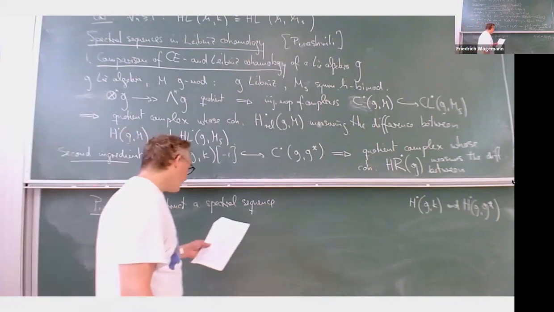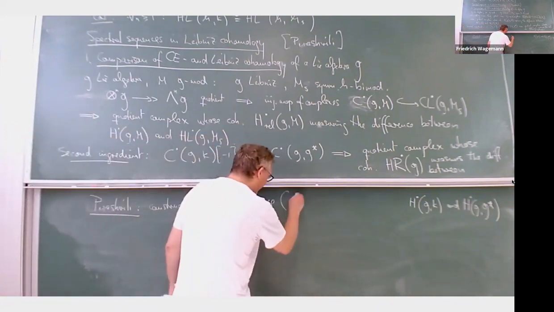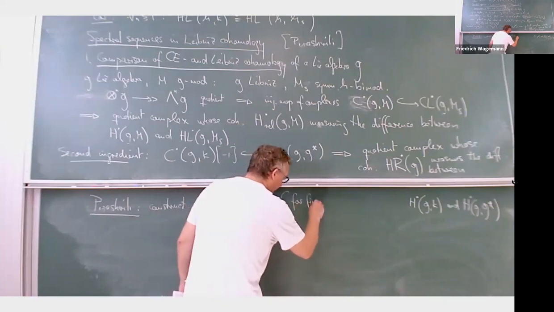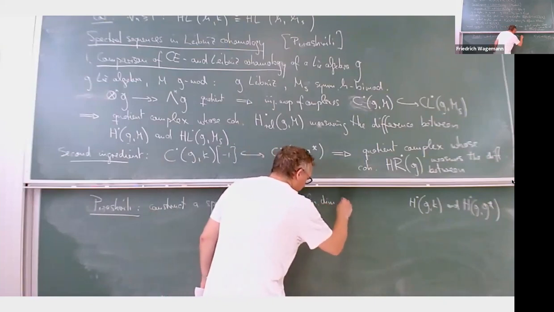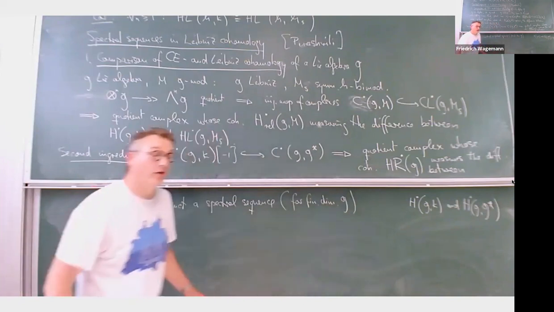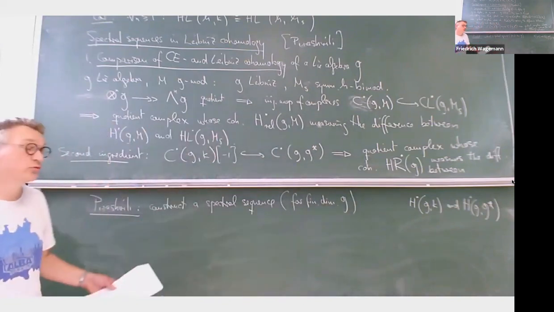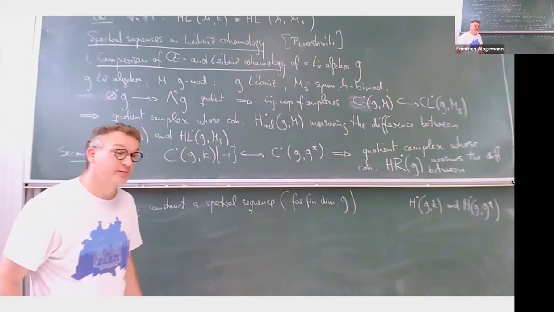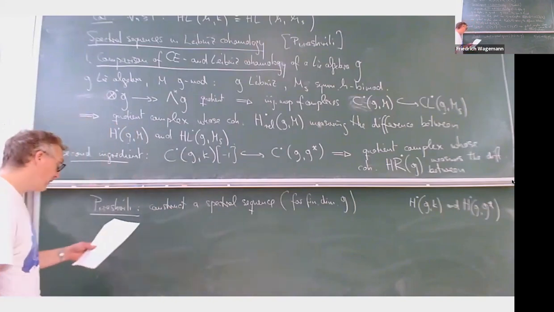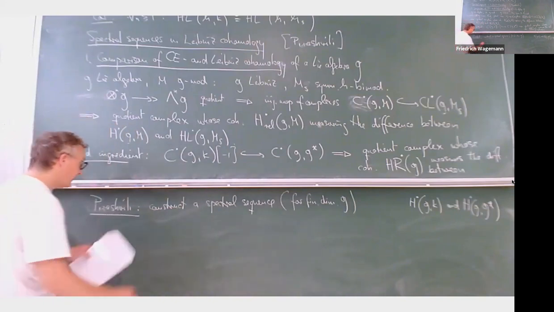So we construct a spectral sequence, let's say for finite dimensional G. We also have the E2 term for infinite dimensional G, but it's a little bit more complicated. So let me simplify here.